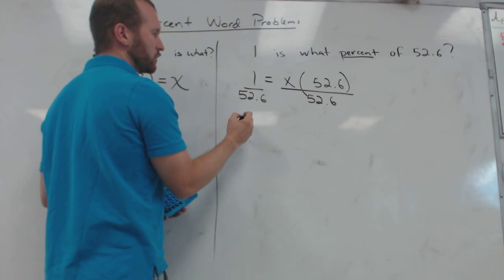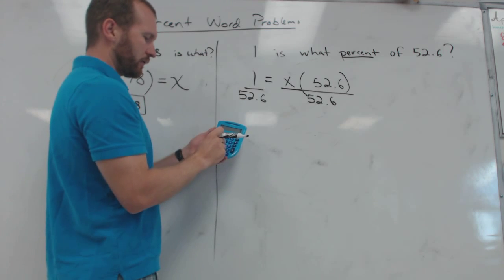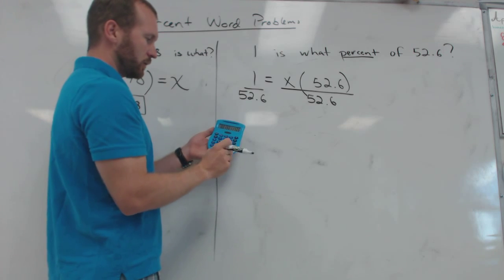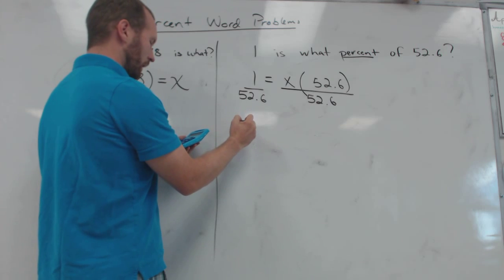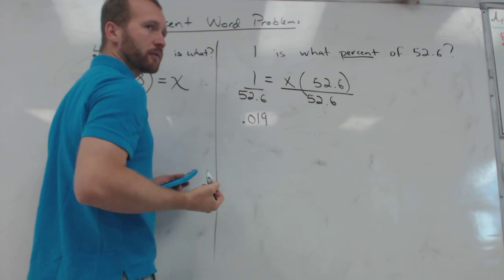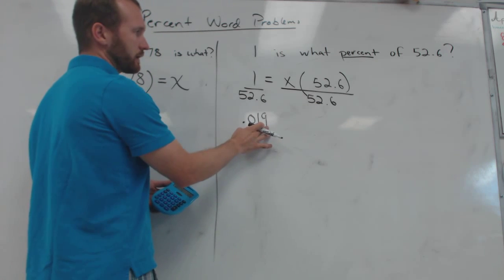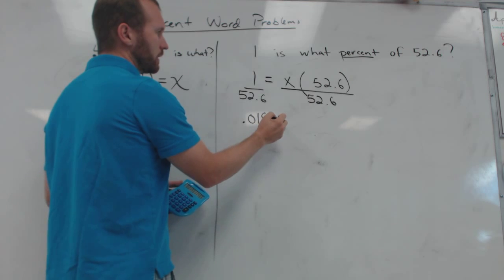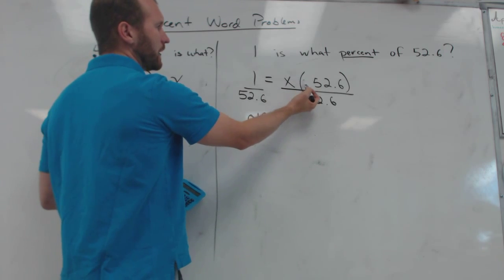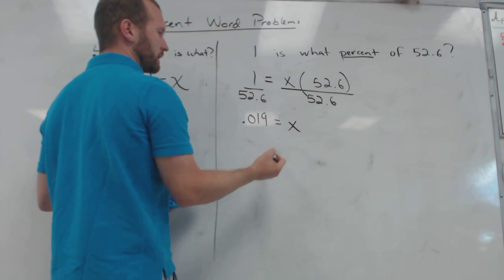1 divided by 52.6, I can do that on my calculator. 1 divided by 52.6 equals 0.019. That's going to be enough for us. This number keeps going, but I'm just going to round right to there. It equals x, since x times 52.6 divided by 52.6 is simply x.